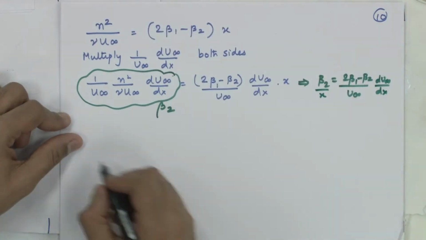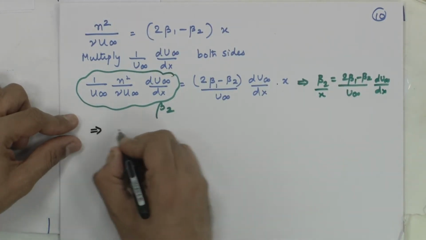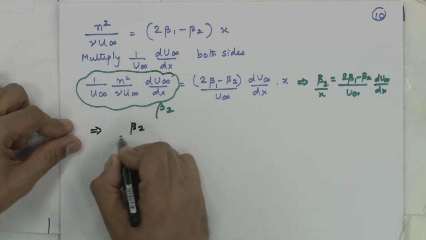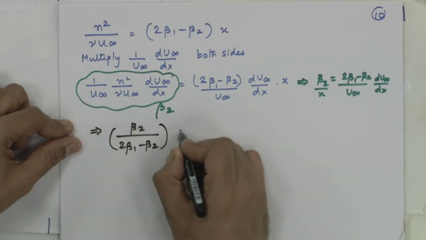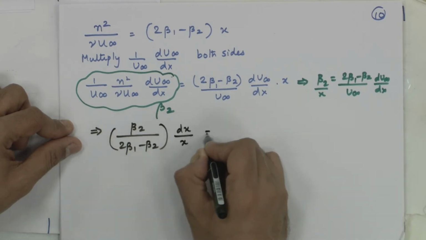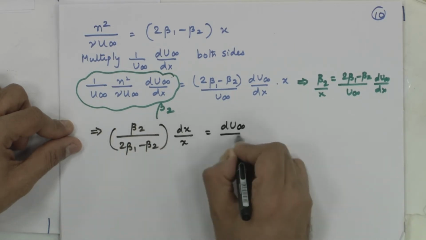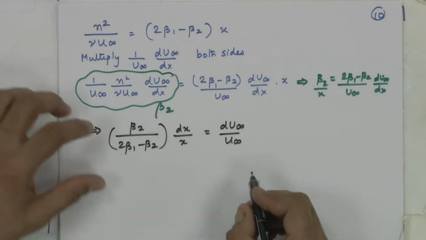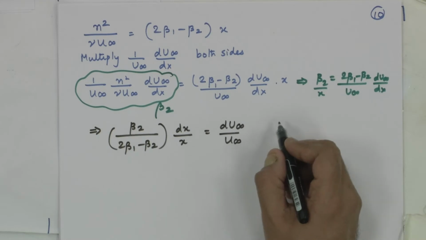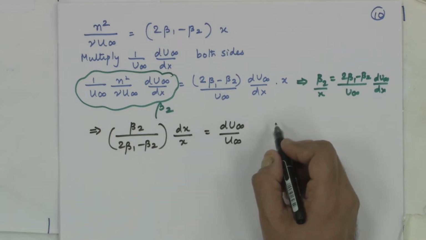So, I just separate the variables. I can write beta 2 by 2 beta 1 minus beta 2 dx by x is equal to du infinity by u infinity. Now, I integrate and apply the limits.